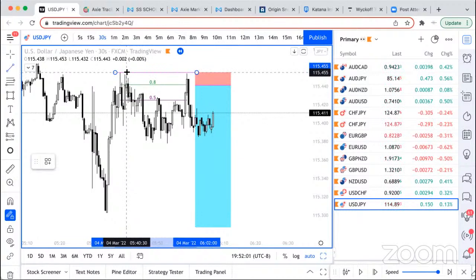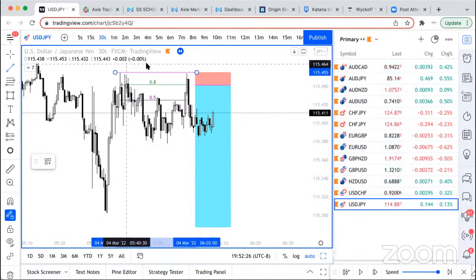Oh, okay. So I guess with me, I would have done it to the one before, like here. Because to me, this one has broken structure, and then it's coming here. This has already been tested, so I wouldn't see the need to put my stop loss at this area. Got you. For me, the only reason is because this is still the high maintaining, and it's really just a buffer.